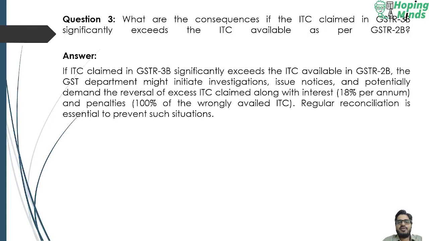So if certain invoices were not reflecting in GSTR 2B, but the taxpayer claims the input tax credit of such invoices, and the difference does not exceed 20% or 10% on a later date or 5%, then in such cases notices were not issued to the taxpayer.